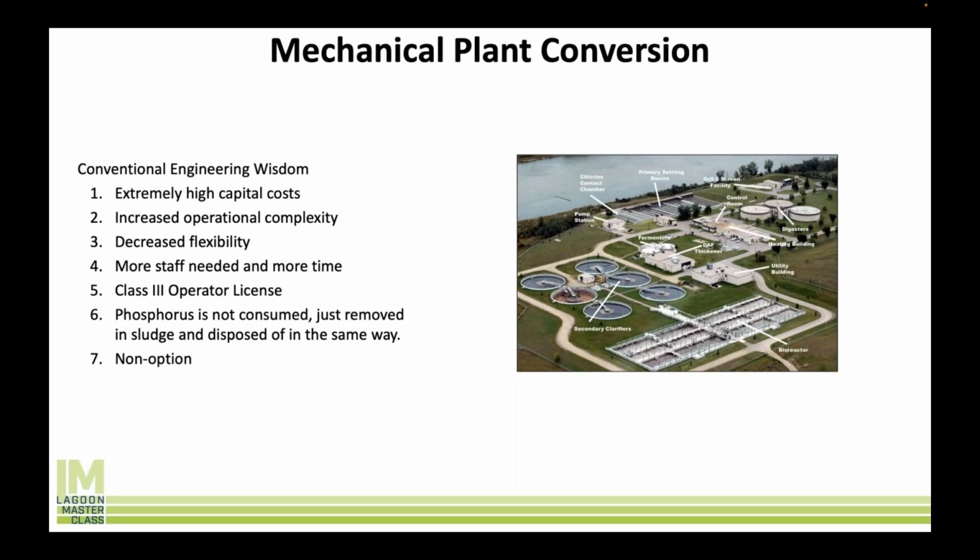It does increase operational complexity, requires more staff, requires a higher operator license, and in a lot of cases, just not a great option. So I'd say overall, this would not be my first choice, and I don't think this would pan out in any way, shape, or form when it comes to removing phosphorus from a lagoon versus, let's say, doing a chemical precipitation approach to it.